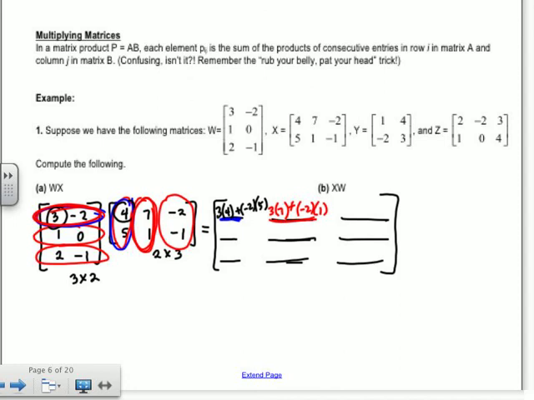Do you guys see how that works? So you're moving each time. All right, the next one is going to be 3 times -2 plus, you move them, -2 times -1.